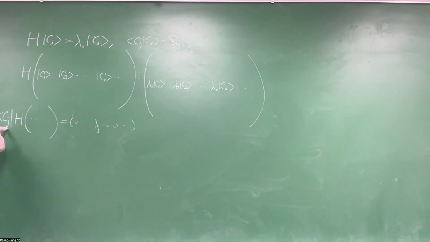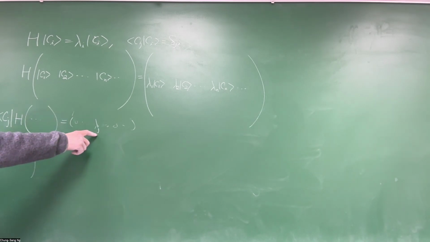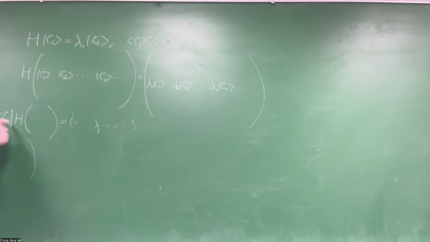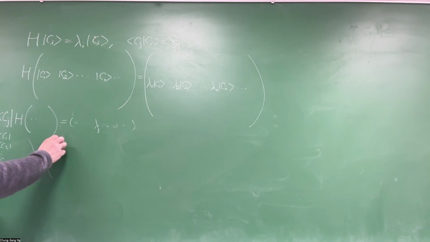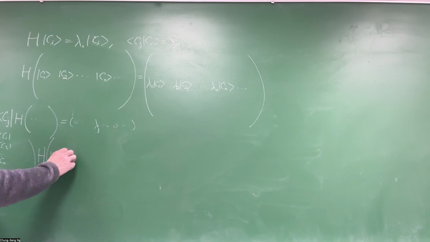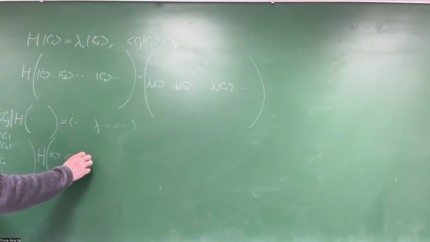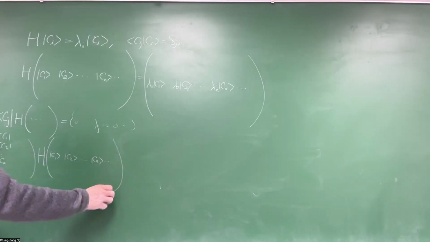Now, instead of just one vector, you put all these C sub j into rows: C sub 1 here, C sub 2 here, C sub n here, and so on, and H operates on the matrix.